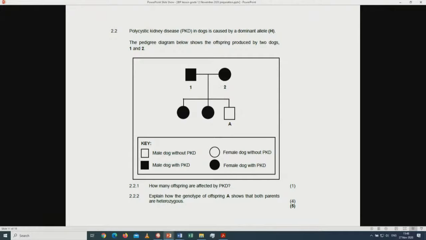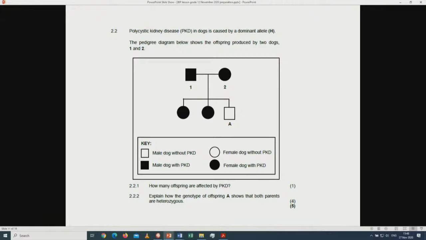Explain the genotype of offspring A. It shows that both parents are heterozygous. Now, if you look at offspring A, offspring A is a male dog without PKD. And we need to explain that the parents of A are heterozygous for the condition.